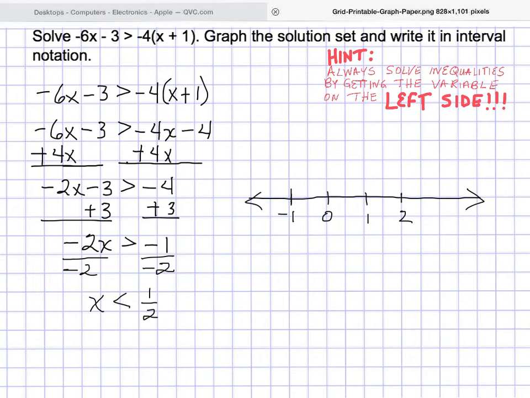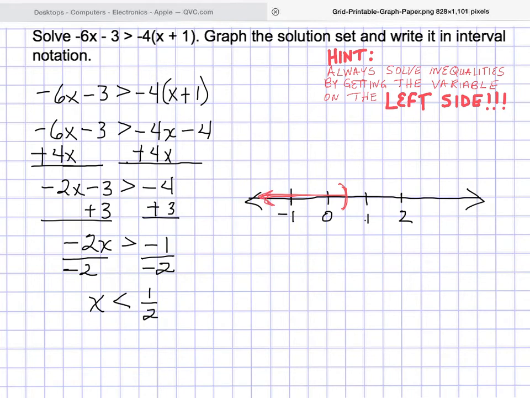1/2 is here. Now, is it a bracket or is it a parentheses? It's going to be a parentheses because there is no equal sign underneath this less than sign, and the arrow is going to go to -infinity.